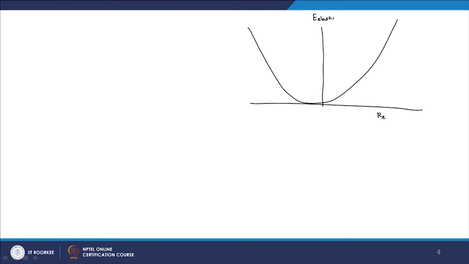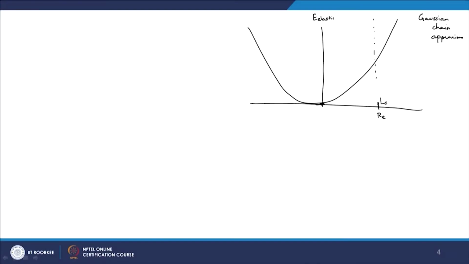It turns out that this particular approximation, also known as the Gaussian chain approximation or the ideal chain approximation, only works for small deformations of the chain. If Re is really very high, then we have to have improved models that somehow capture the fact that there is a maximum value of Re that is given by the contour length.